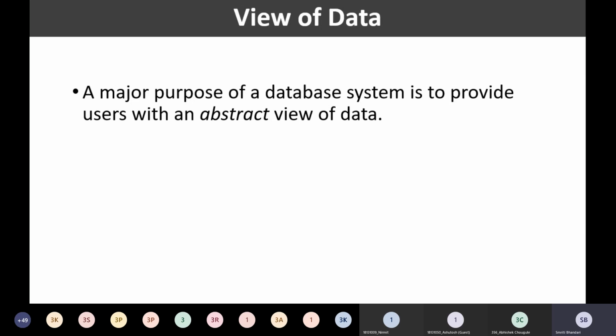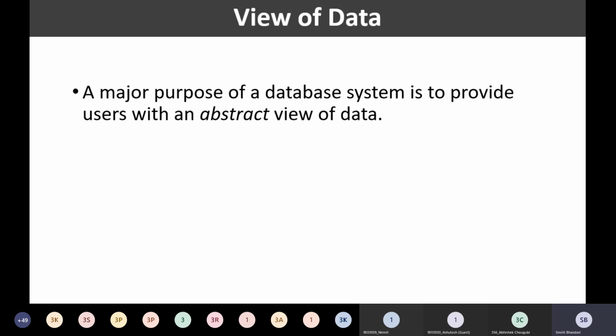As far as databases are concerned, we mentioned that database systems are designed such that the user should be able to conveniently and efficiently access and manipulate the data. Obviously, to have efficient access to the data, while building database management systems the developers need to make use of some complex data structures.